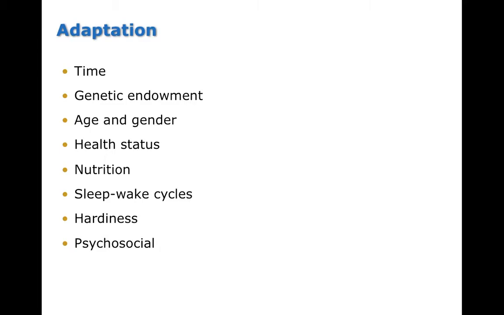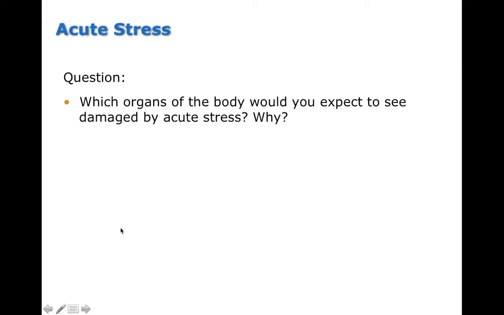Or are you more prone to stress because of certain psychological problems? And then this idea of hardiness correlates with really all these factors here, where hardiness is the sum of all these factors. And so it's the sum of your genetic, age, gender, health status, nutrition, the amount of sleep, as well as psychosocial variables that can all play a role in how stress resistant you may be.